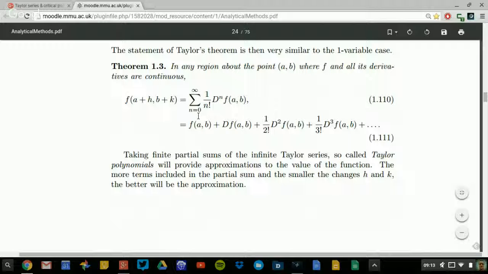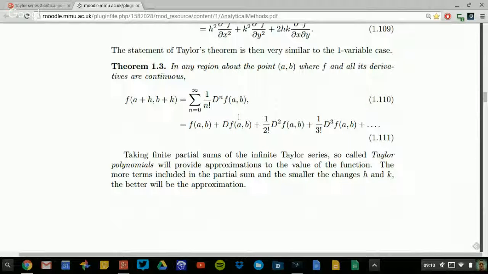At each stage, for each value of the index n, you calculate the nth iterate of the differential operator D applied to f, and it's then evaluated at the base point. So D to the power n applied to f, and that's evaluated at (a, b). That's similar to the one variable case of having the ith derivative, as we just wrote down, evaluated at 0, so evaluated at the base point (a, b).